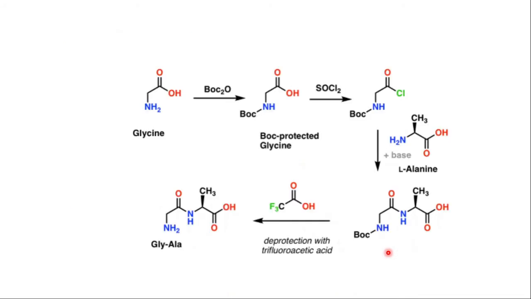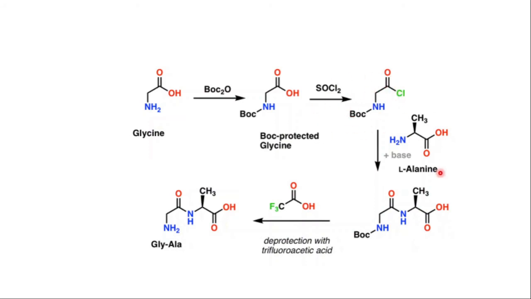You can see examples in detail. You have glycine react with Boc anhydride, okay. This is the best example to illustrate how exactly you will get glycine alanine through amide bond formation. In glycine you have protected NH2 with Boc anhydride, so NH-Boc. Now, you convert this into COCl, okay.